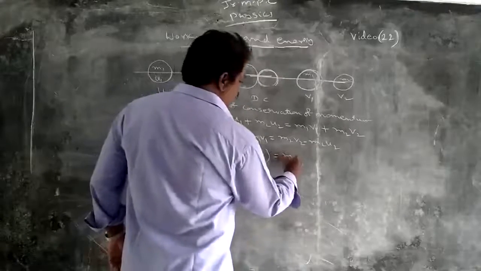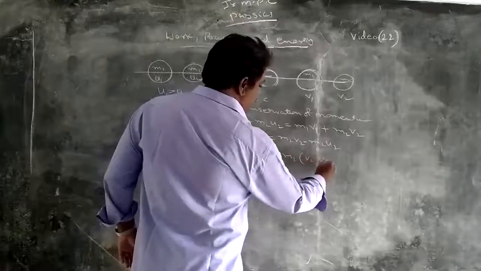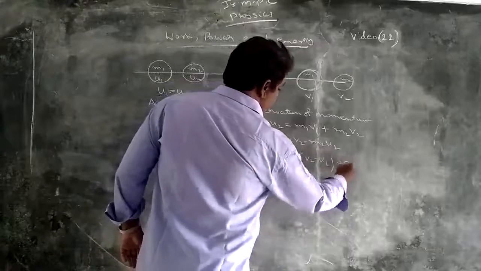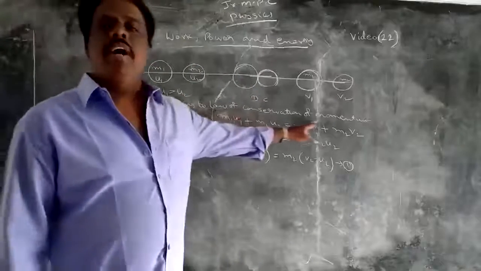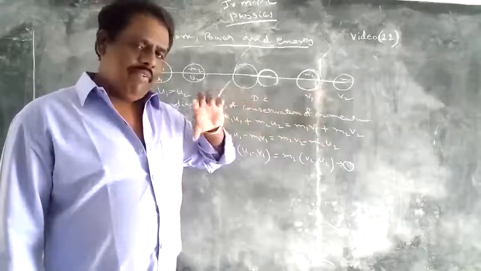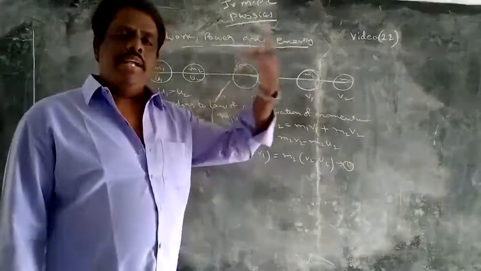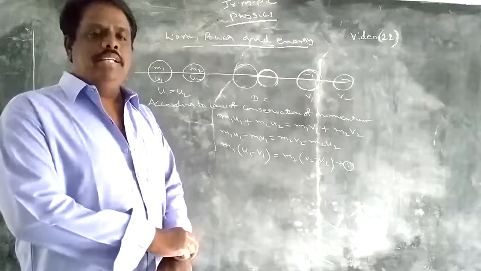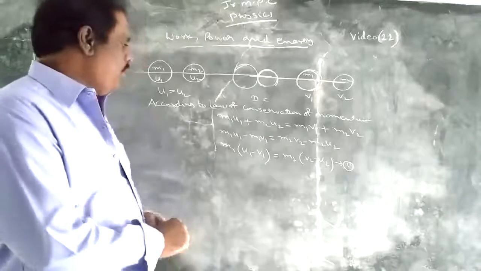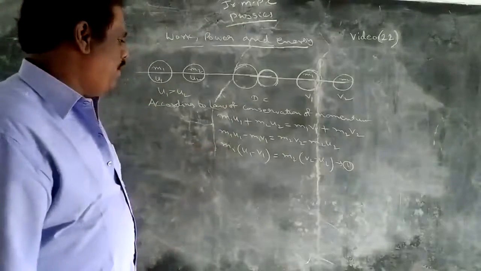Taking out the common m2 on the other side, m2 (v2 minus u2). This is equation number 1, according to the law of conservation of momentum: momentum before collision is equal to momentum after collision, that means momentum remains conserved.